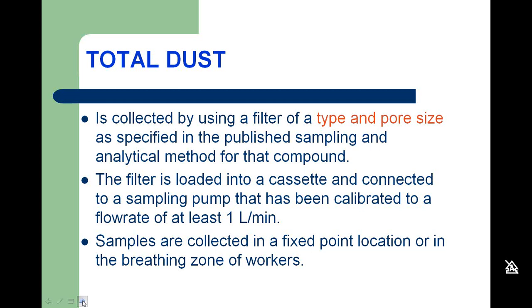Total dust is collected using a designated filter that is loaded into a 37mm cassette. Using typical flow rates of 1 to 2 liters per minute, a pump is used to draw air through the filter for sample collection. This technique is used for personal or fixed point area samples.